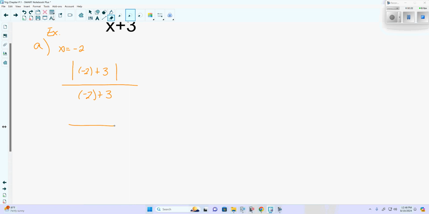On top of the fraction, negative 2 plus 3 would be 1, and we'd have the absolute value of 1. On bottom, negative 2 plus 3 is 1. Which would just give us 1 over 1, which is 1.